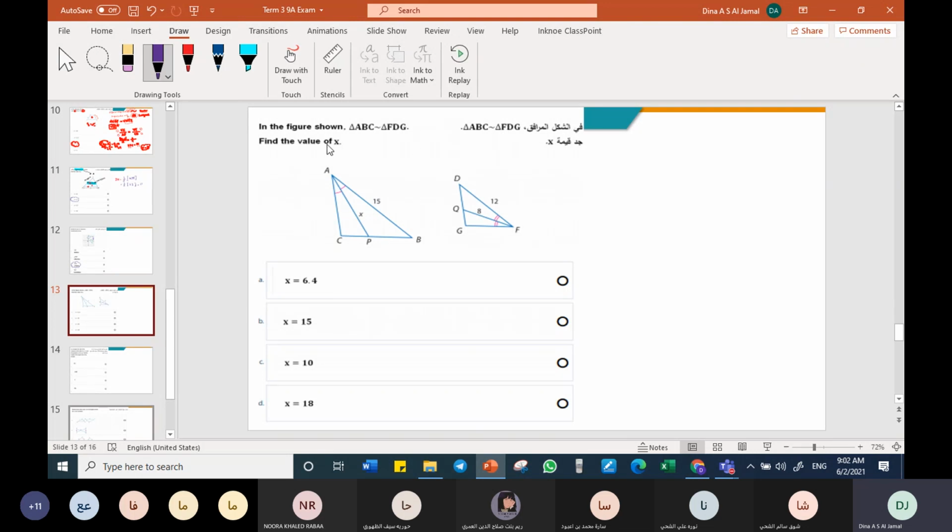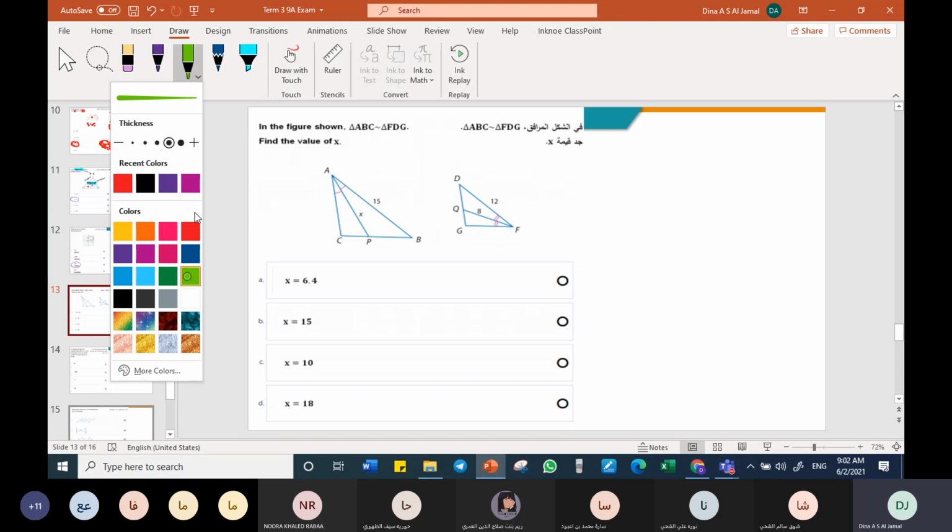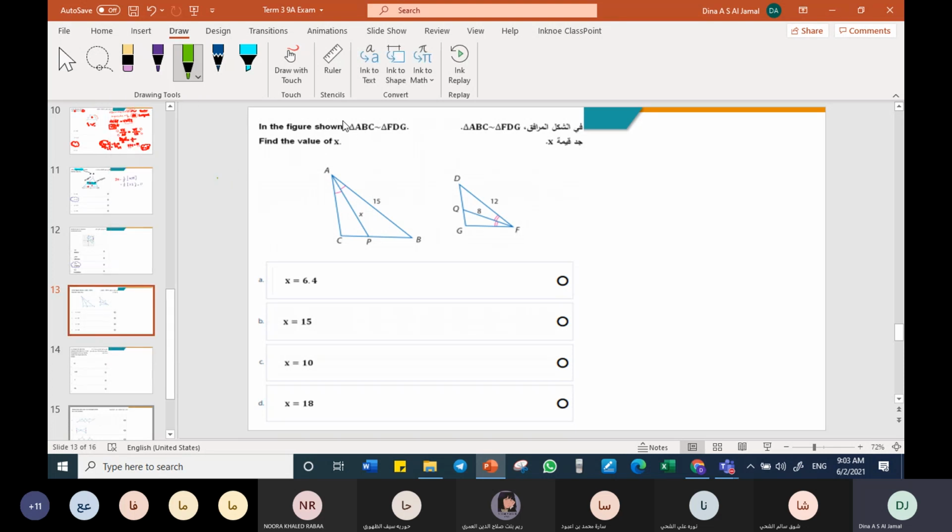Now, let's move to this part. Again, he is giving you a statement of similarity, and we have discussed previously, whenever you are having any two similar polygons or similar triangles, your angles will be congruent, but the sides will be proportional.